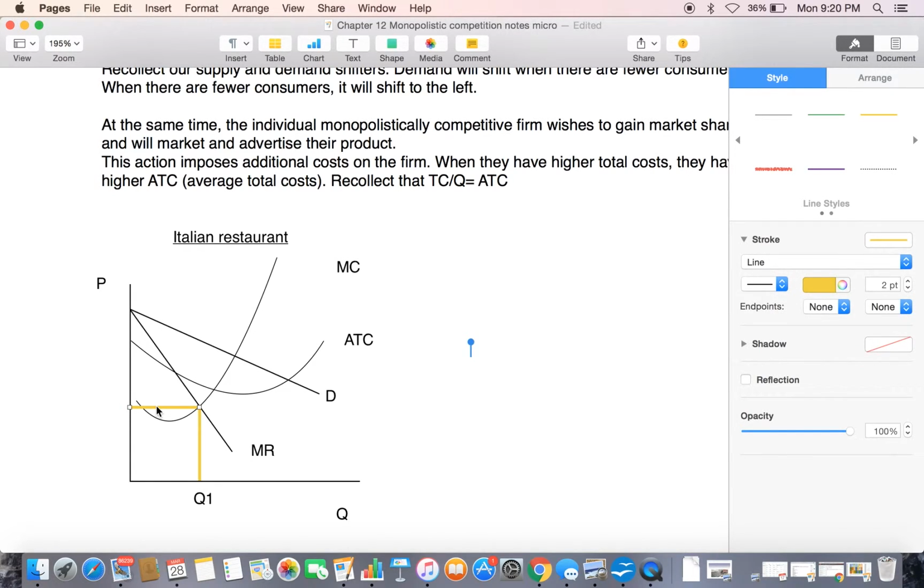Now, is there any relevance of this yellow line here? I put this here to show you that this is not how we denote the price that the monopolistically competitive Italian restaurant would charge. It is not the price that the monopolistically competitive restaurant would charge because it is not the price that intersects with the demand curve at this quantity demanded of Q1.